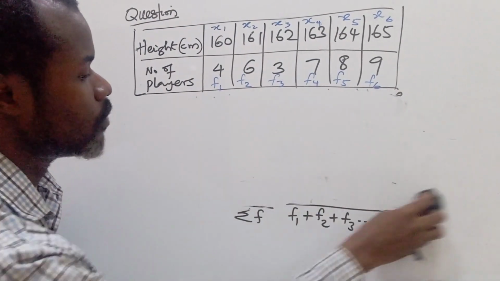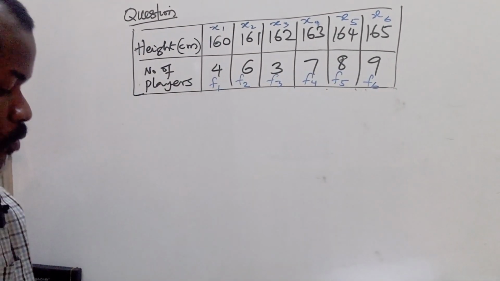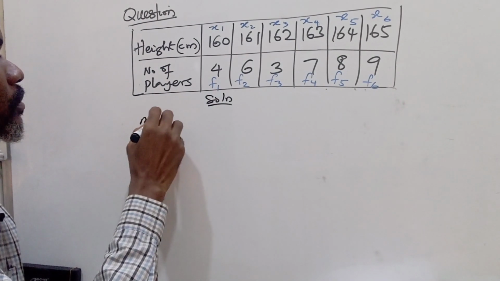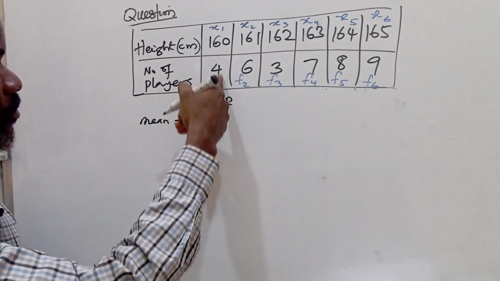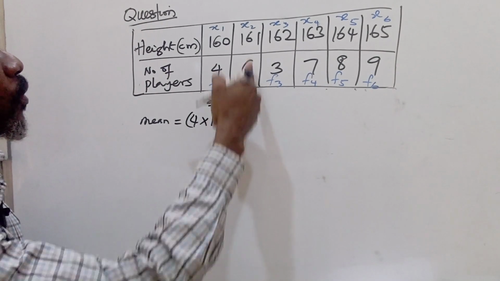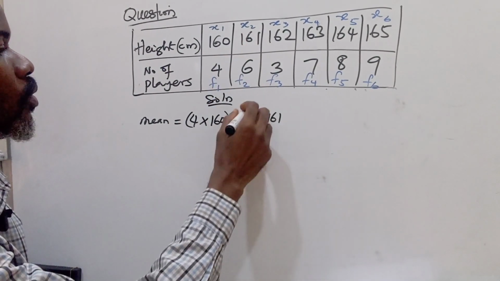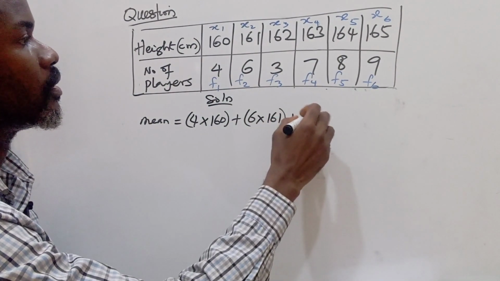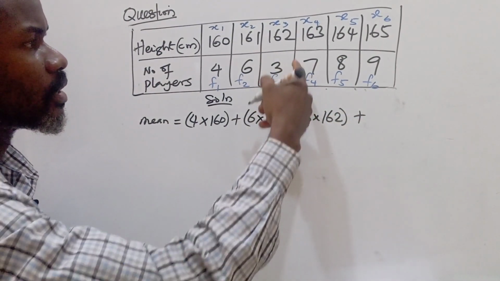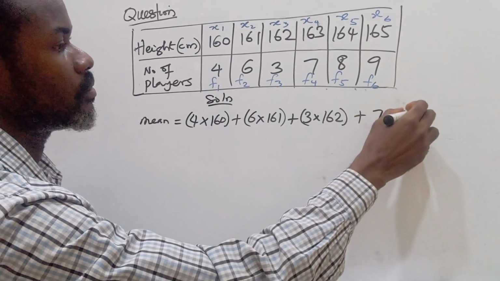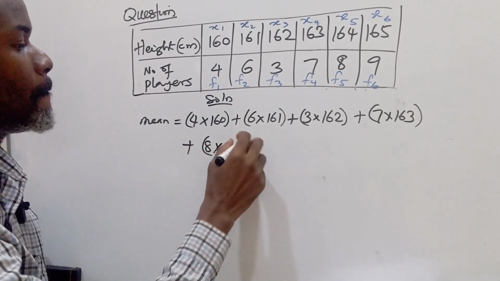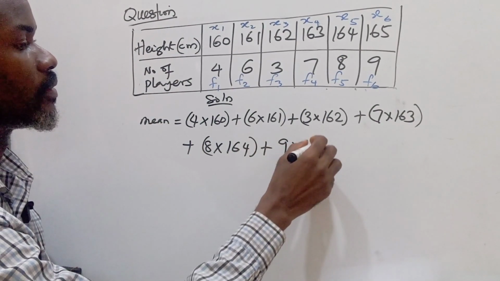Applying the formula, our solution: the mean is equal to 4 times 160, plus 6 times 161, plus 3 times 162, plus 7 times 163, plus 8 times 164, plus 9 times 165.